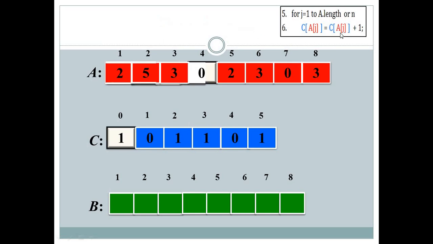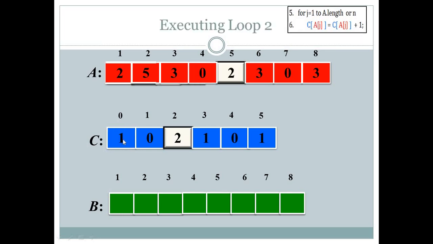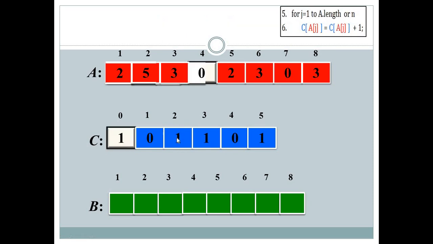C of a of j means at the fourth index of a array, what is value here? 0. So we have to add 0 plus 1. So at the index 0 it will become 1. Again let's move further. At the index 5, what is value? 2. So 2 index plus 1, previous value was 1 here, you can see.